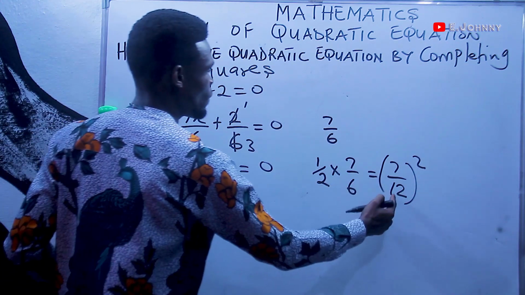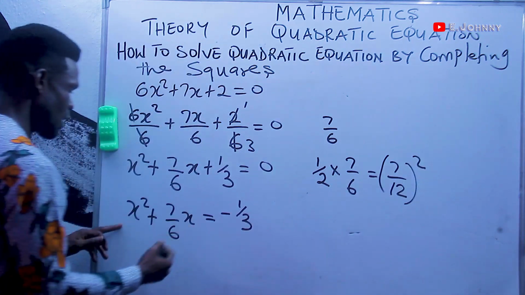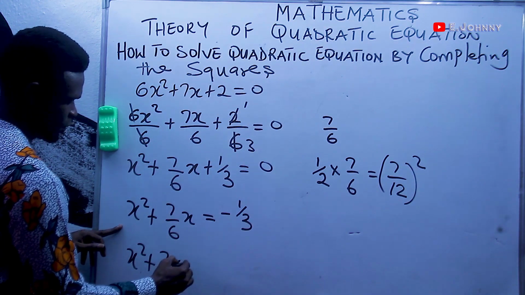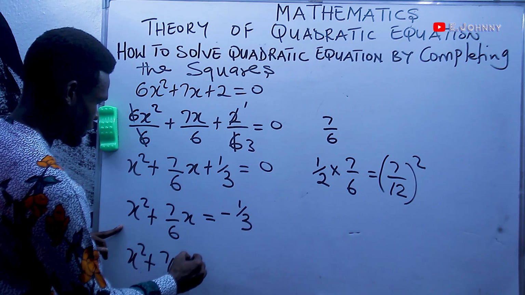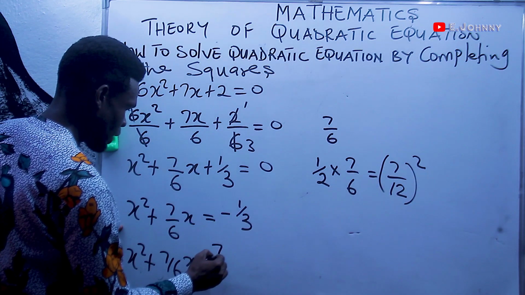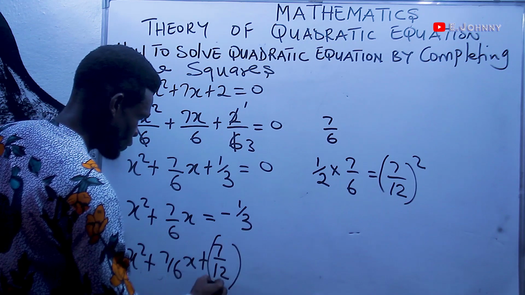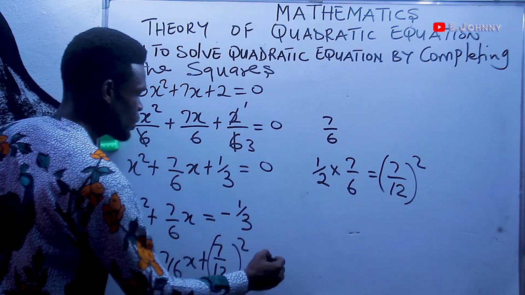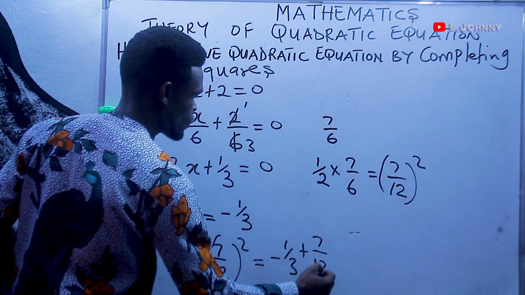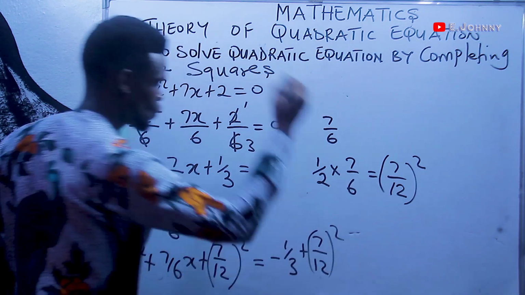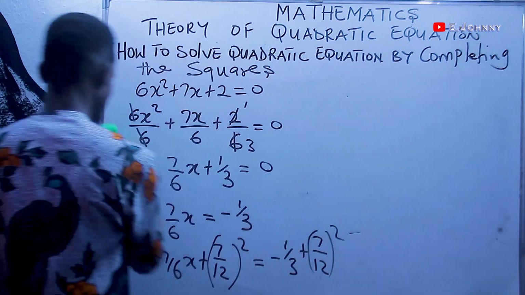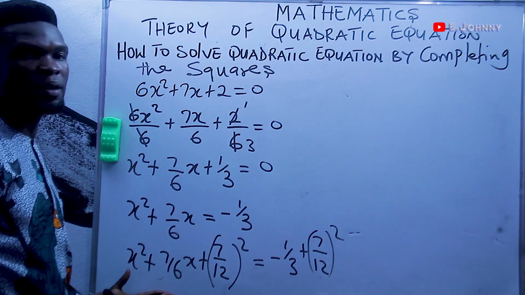So you add 7 over 12 squared to both sides, which is x squared plus 7 over 6x plus 7 over 12 all squared equals minus 1 over 3 plus 7 over 12 all squared. Next step, let's factorize the left hand side.